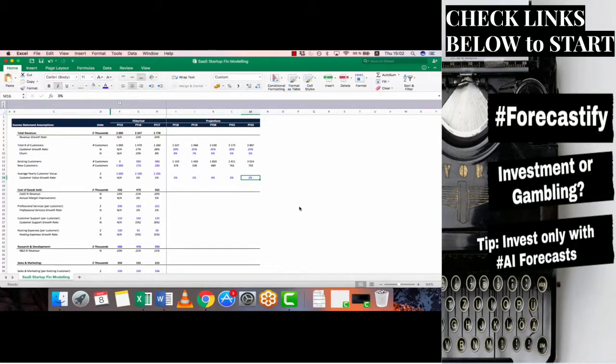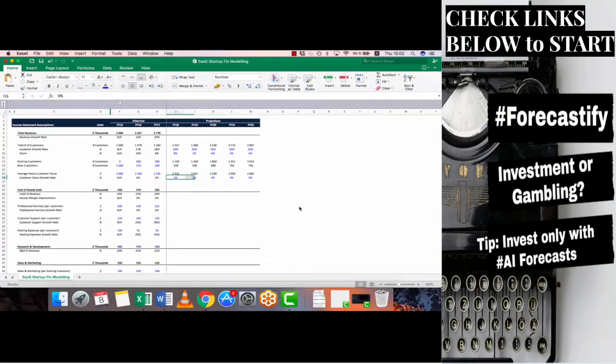So it will be around 3% in 5 years. Alright, so let's calculate the actual numbers. So plus customer growth rate.